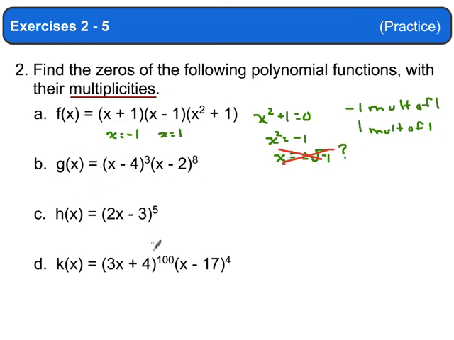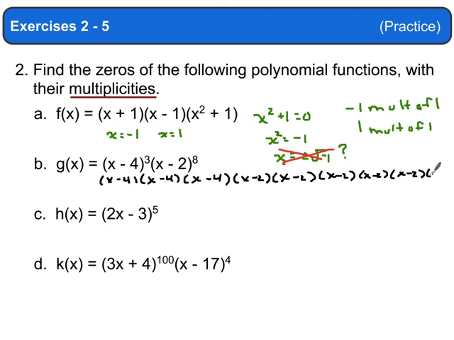So if we look at this one, this says x minus 4 to the third power. Now, just for understanding what that means, I've got x minus 4, x minus 4, and x minus 4. Now you don't have to write this out every single time. If I see this 8, that means I've got x minus 2, x minus 2, x minus 2, another one, another one, and another one.